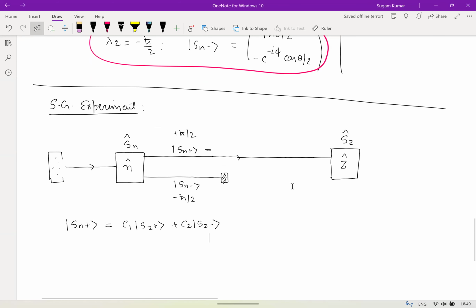And if you want to calculate C1, how can you do it? I can take this inner product.